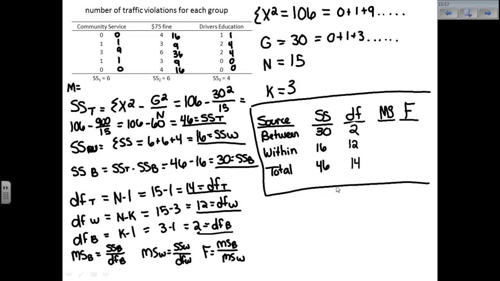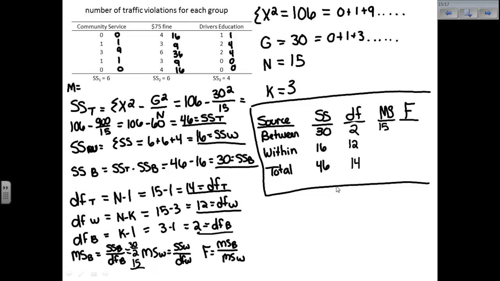So my mean squares between is equal to 30 divided by 2. And 30 divided by 2 gives you 15. So this is 15.